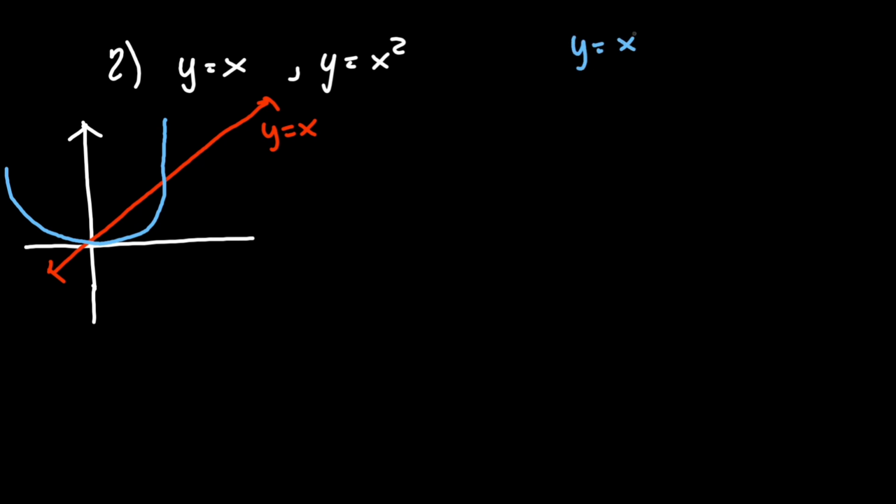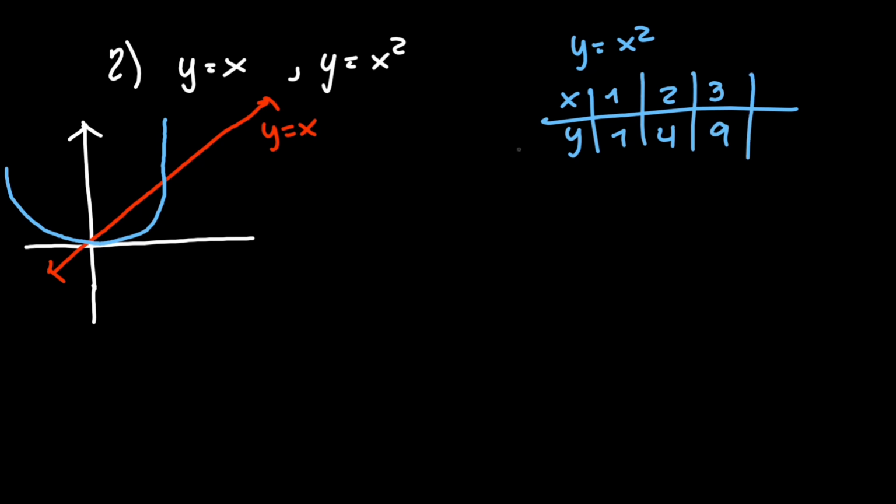If you want the table method, it is like this. If x is 1 right here, y would be 1. If x is 2, y would be 4. And if x would be 3, y would be 9.